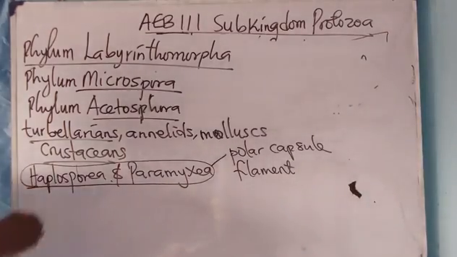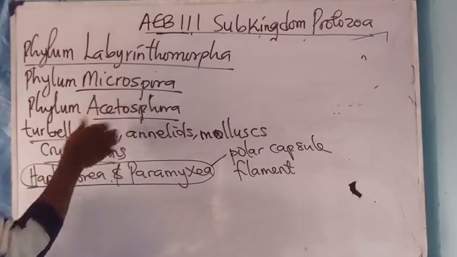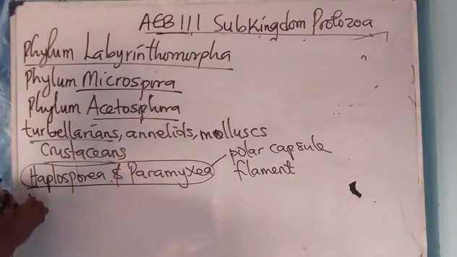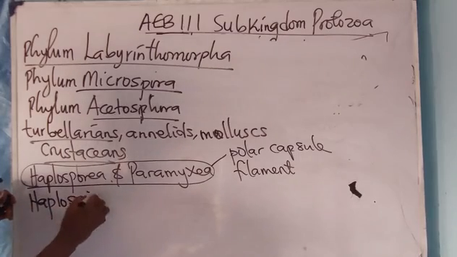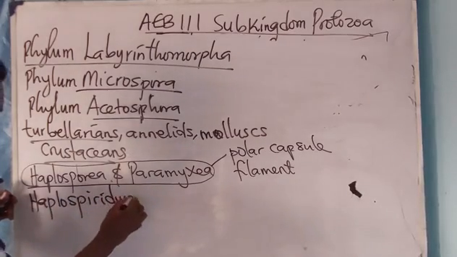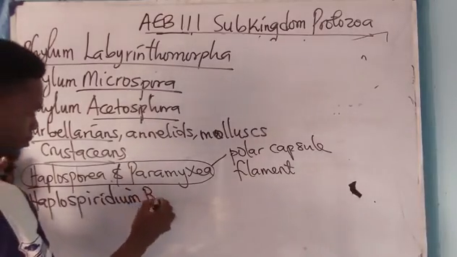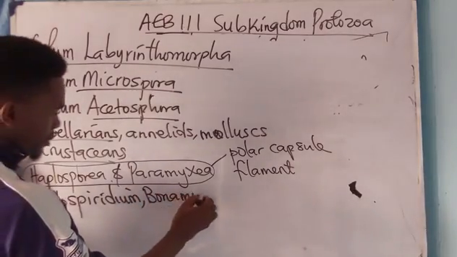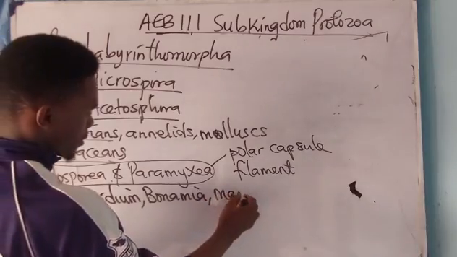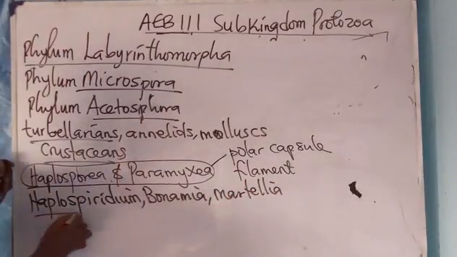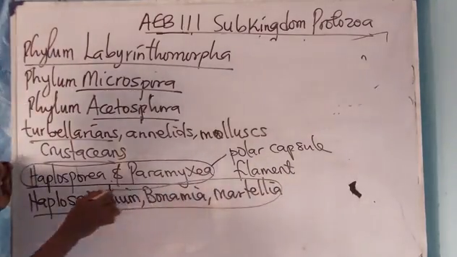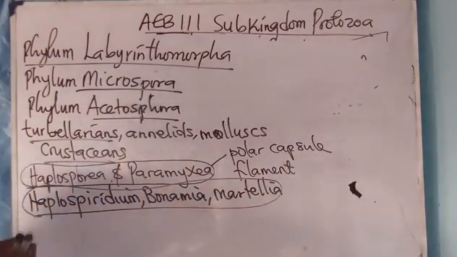Good examples of acetosporans are Haplosporidium, Bonamia, and Marteilia. All right, so these are organisms under Phylum Acetospora.